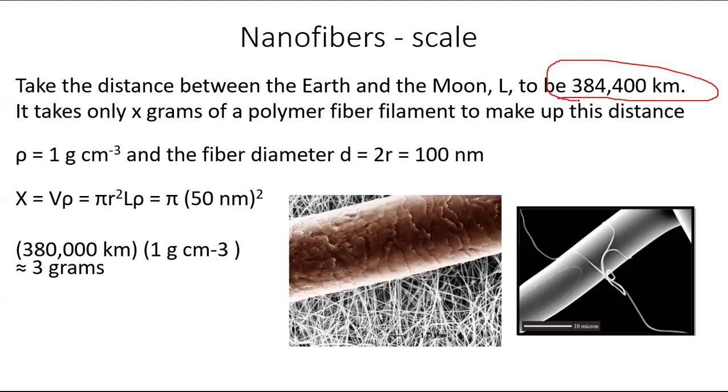So how do we do the calculation? First of all, the density of the material we are going to use to spin the nanofiber is 1 gram per cubic centimeter. And if the nanofiber we are going to use in this example has a diameter of around 100 nanometers, we can calculate the number of grams we need to fill the distance of 384,400 kilometers, right?